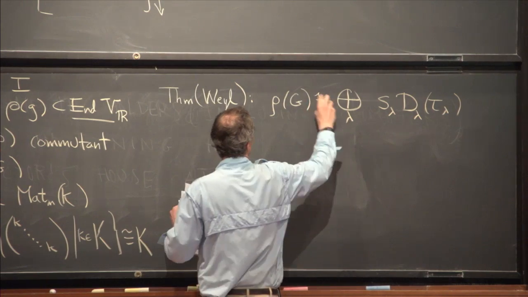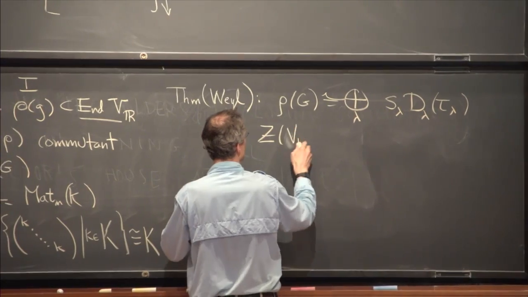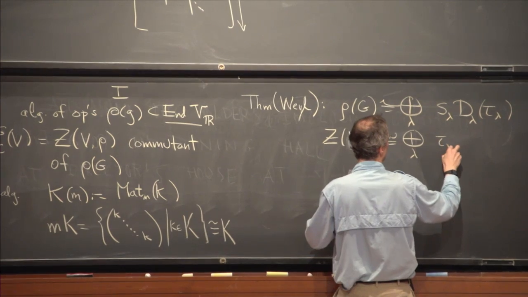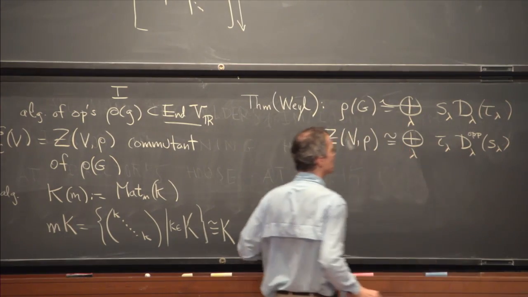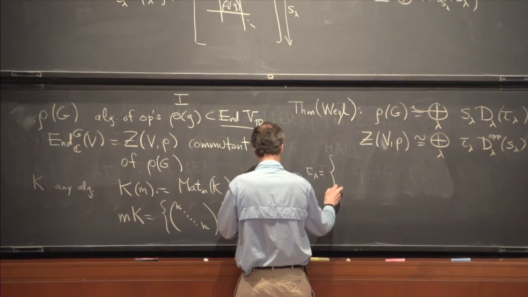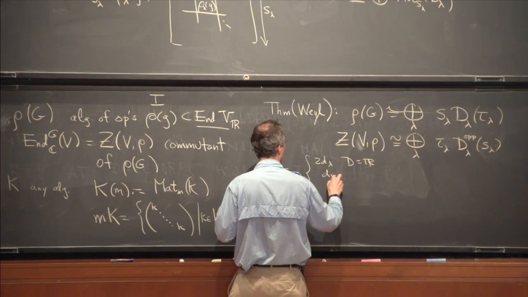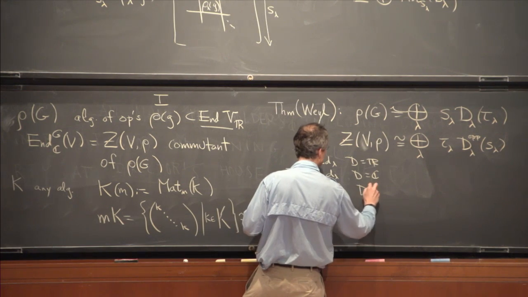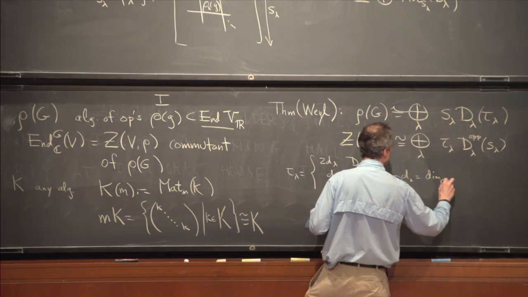And then the commutant of V in rho is, rather beautifully, isomorphic to tau lambda, d lambda opposite of s lambda. So what's tau lambda? Tau lambda is twice d lambda if d is R, d lambda if d is C, and d lambda over 2 if d is H, where d lambda is the complex dimension of V lambda.